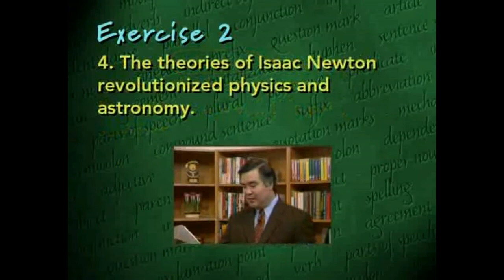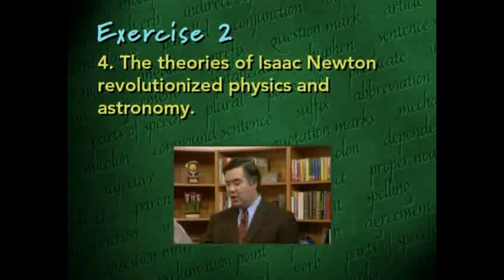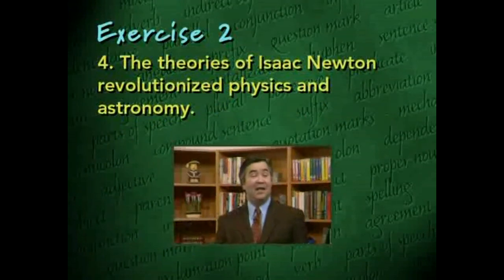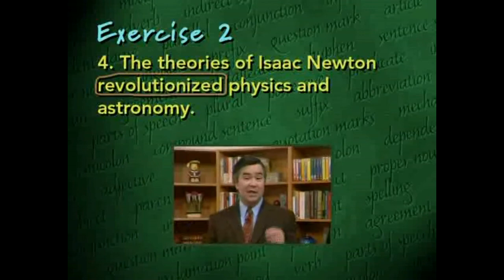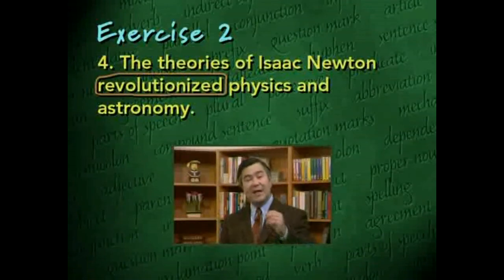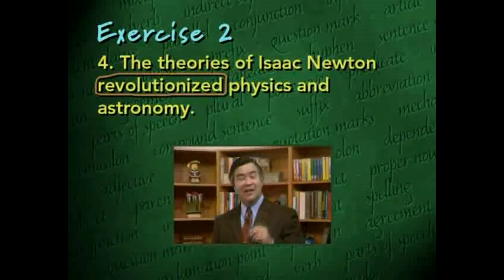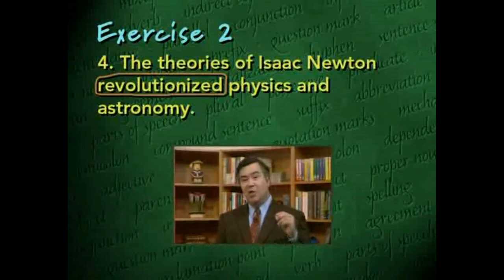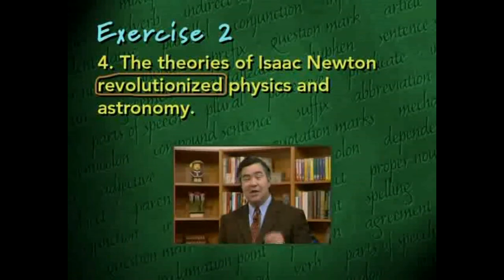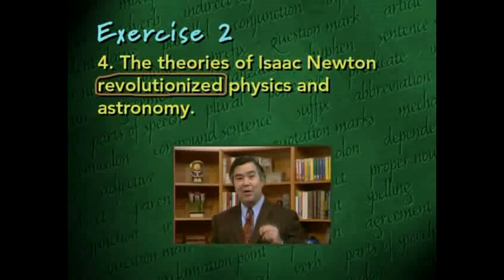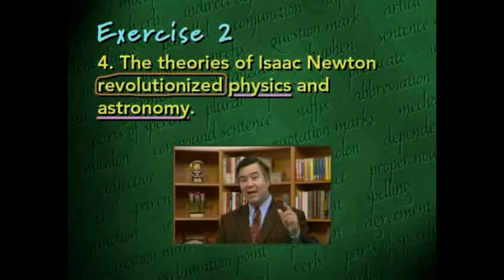Next example. The theories of Isaac Newton revolutionized physics and astronomy. The verb here is revolutionized. What's the subject? The subject is theories. It was the theories that revolutionized. And what did they revolutionize? That is, what receives the action of the verb revolutionized? Well, in this case, there are two things that were revolutionized, physics and astronomy.